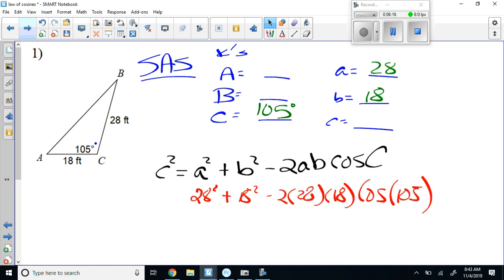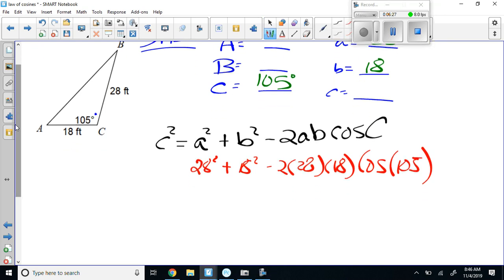So we'll give you about 45 seconds to work on that. Okay, guys. So what did you get right here? C squared is equal to what? 1,368 point what? 89. Two decimal places, right?